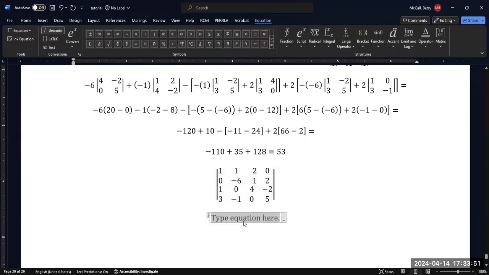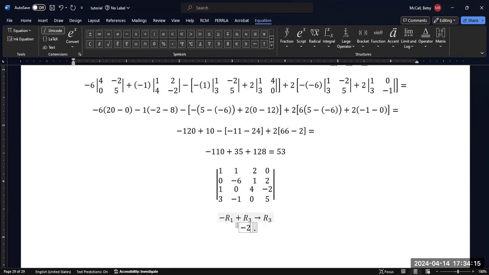And so I'm going to use minus row 1 plus row 3, put that back in row 3. That does not change anything because I did not multiply row 3 by anything.